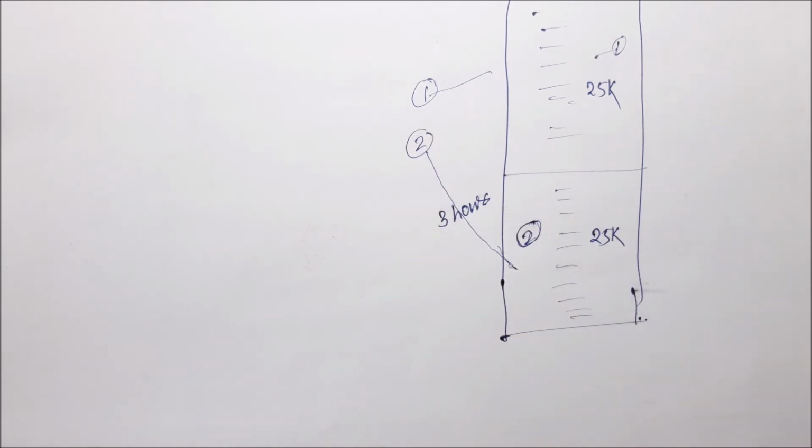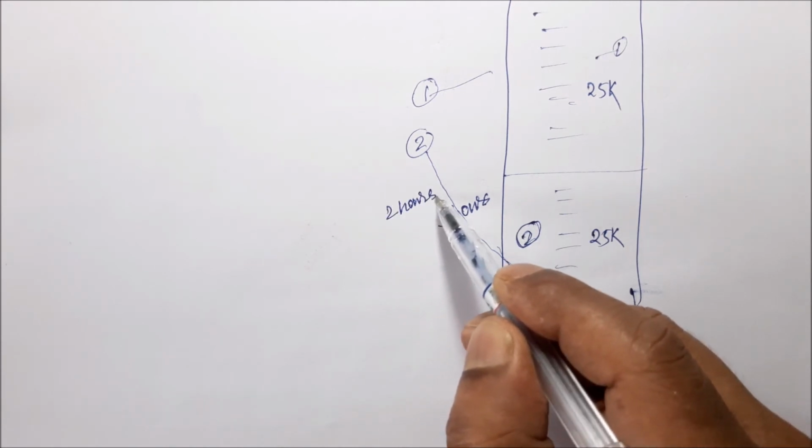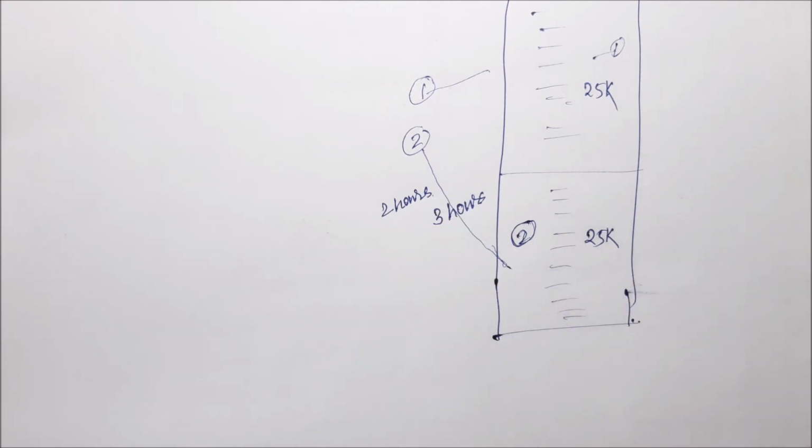So I am coming to the concept of thread. What will happen? It will take at most 2 hours. So the time taken compared to the previous one is very much less. That means at a time you are executing several tasks simultaneously.